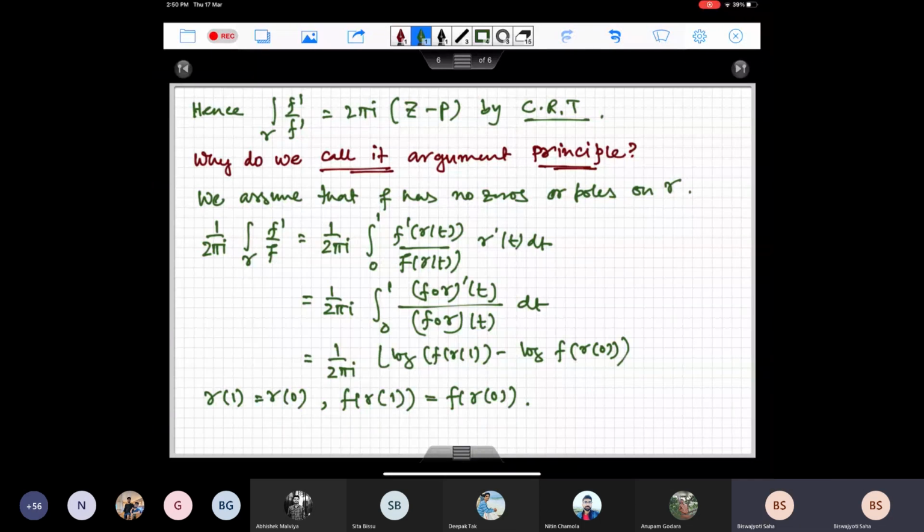Now imagine, as I said, log of this one might not be equal to log of that, because what is log z? Log z is actually equal to log of mod z plus i times argument z. So when I think of this, of course these two numbers are equal as numbers, so their absolute value is going to be equal.